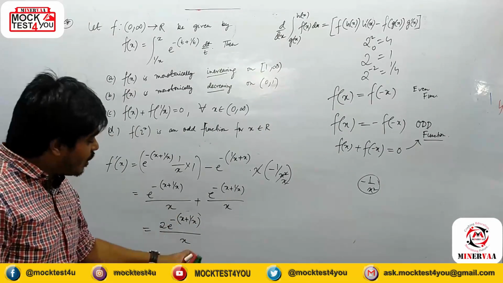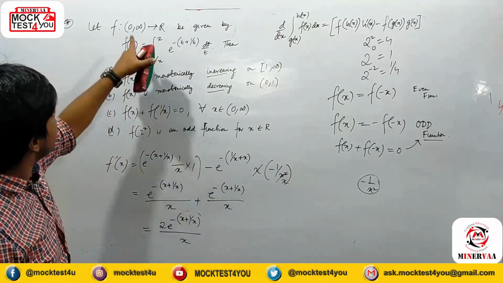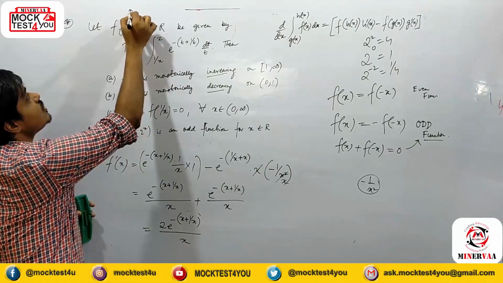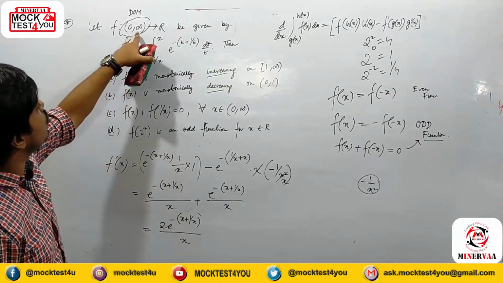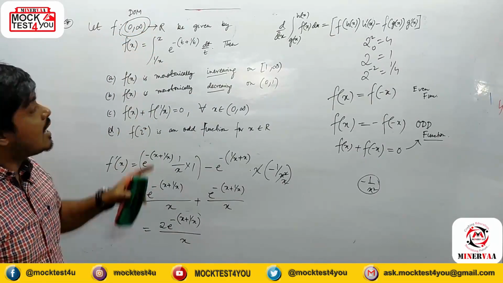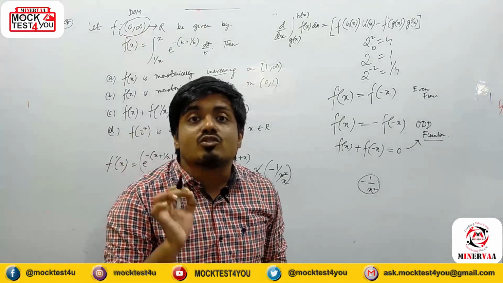Now can you tell me the value of x? What is the value of x? This part, 0 to infinity, is known as the domain. Clear? So if it is known as domain, domain gives the values of x, right?